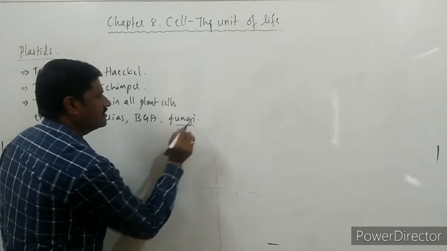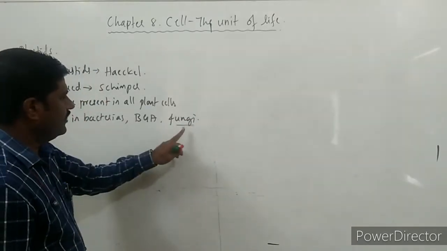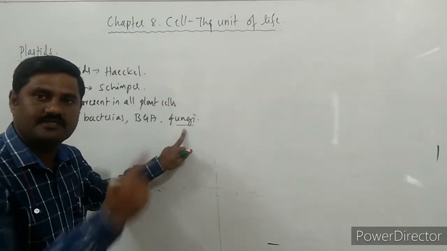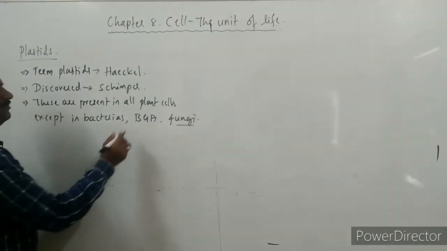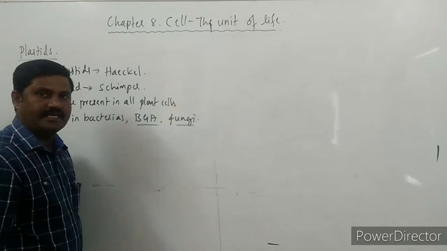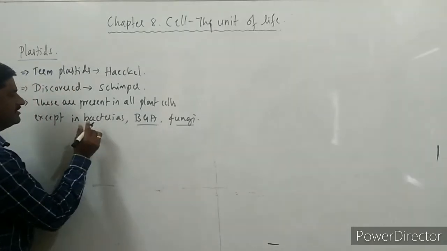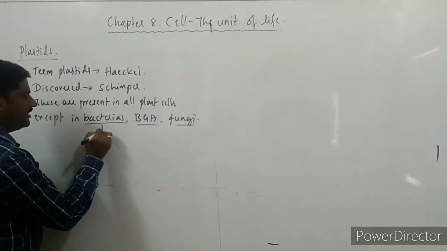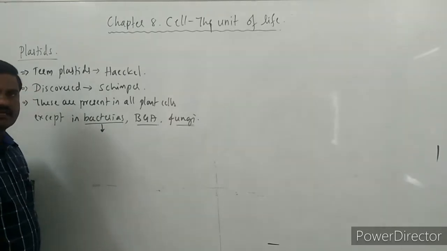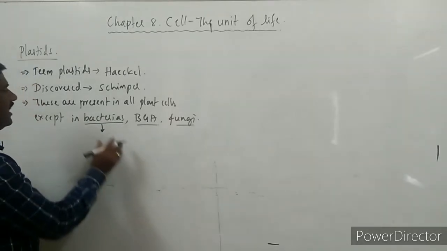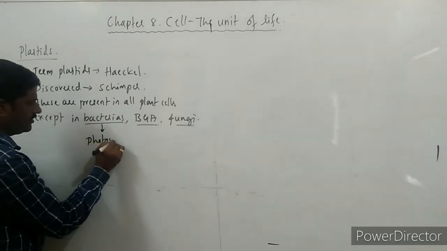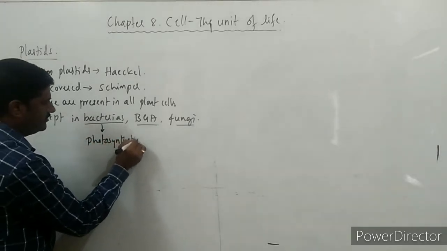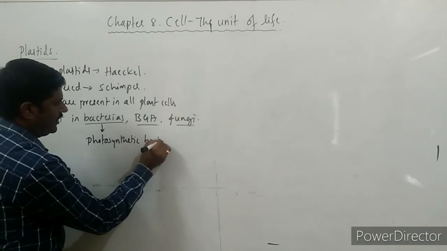So these are called colorless plants. Why? Because of the absence of these plastids or the chlorophyll pigment within them. So BGA, that is blue-green algae, as well as bacteria, are the prokaryotes. Of course, photosynthetic bacteria are also there.